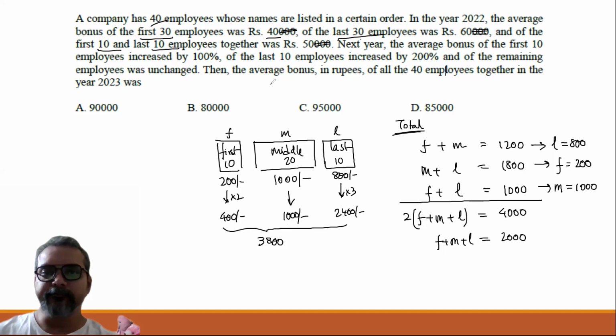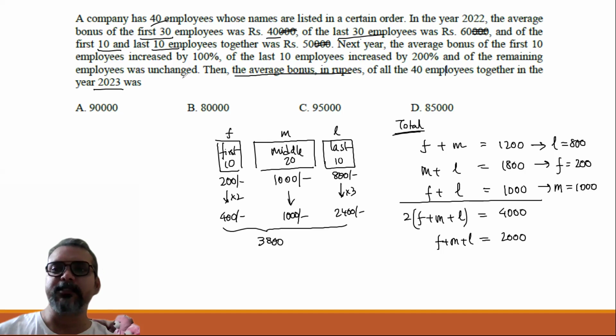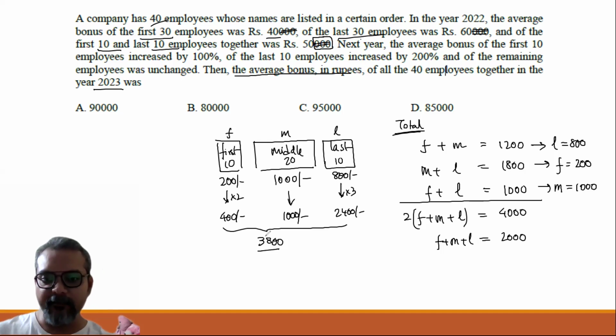Now they're asking the average in the year 2023, means in the next year. So this is 3,800, and just remember that we had these three zeros at the end. Now 3,800 divided by 40 people, that is 95. So our answer is 95 followed by three zeros, so that is option C.